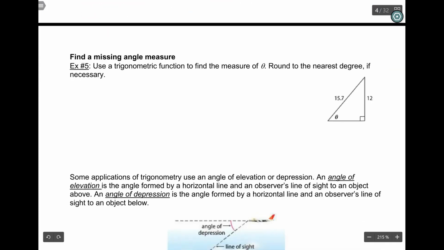So here, for the example I was talking about earlier, here's our theta. The hypotenuse is 15.7. Our opposite side is 12. So which trig function has opposite and hypotenuse? It's sine.